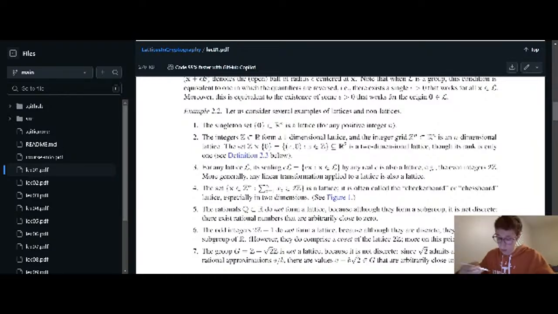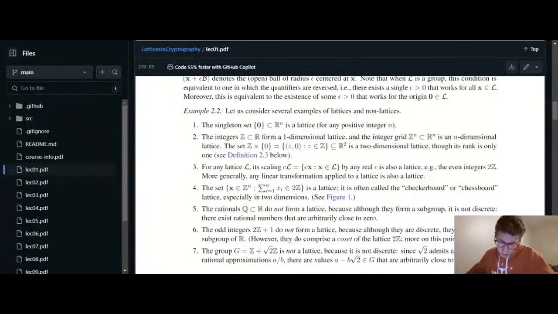That's all it means. Let's see, the set of zero, the space of zero, which is a subset of R^n, is a lattice. How did you get that?